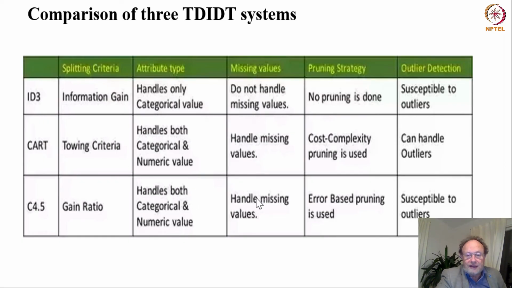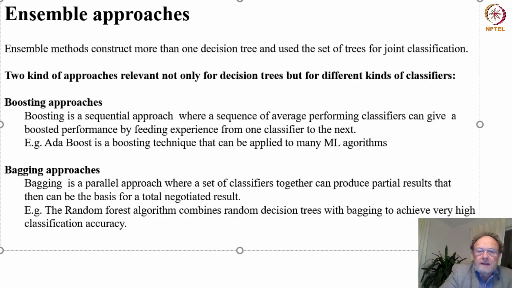It can handle missing values, which more or less is equivalent to saying that it can also handle noise, and obviously it has more sophisticated pruning techniques. Still, there are things that are not handled in C4.5, like handling the case of outliers, which is also a common phenomenon. But as you can see, another system like CART has mechanisms for handling that.